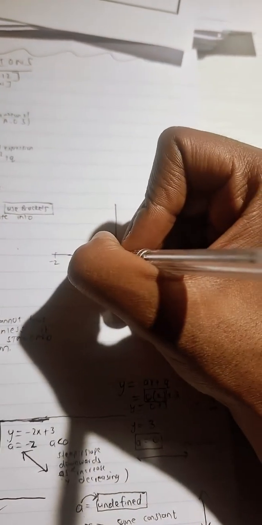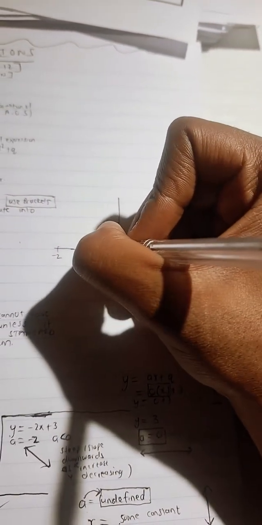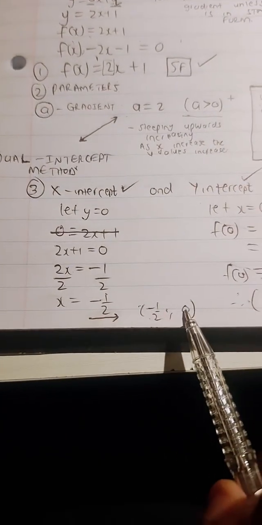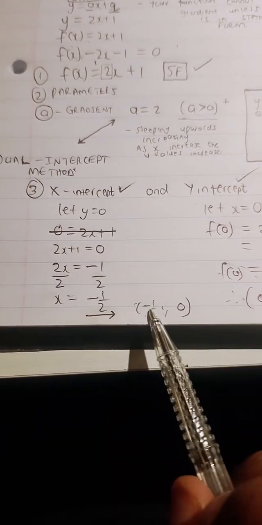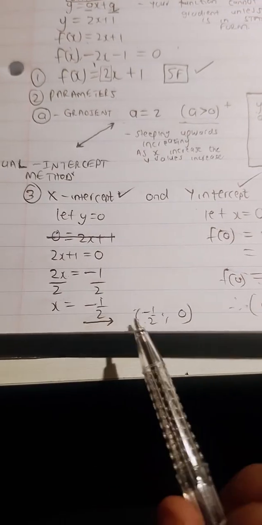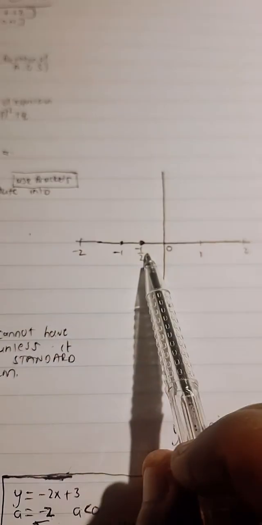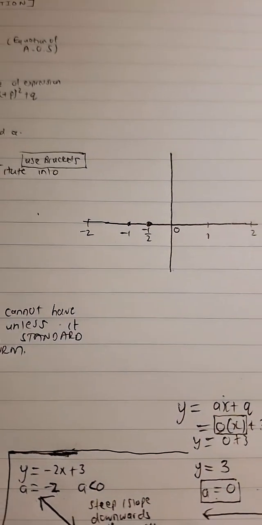The -half would be in between 0 and -1, midway. That is -half. It's this point. Remember, this is the x-intercept, so this is where the function will cut which axis? The x-axis. So (-half; 0) is exactly there.